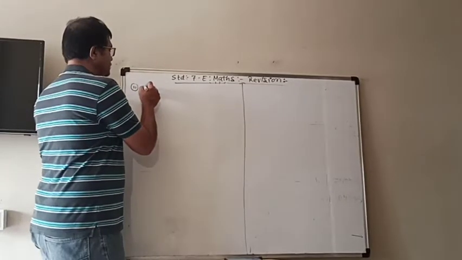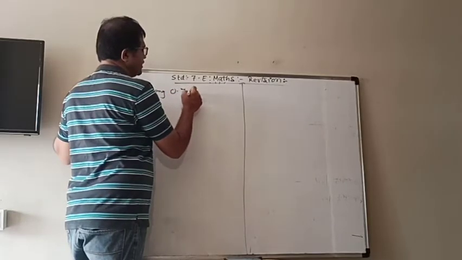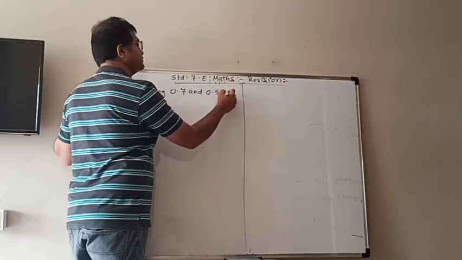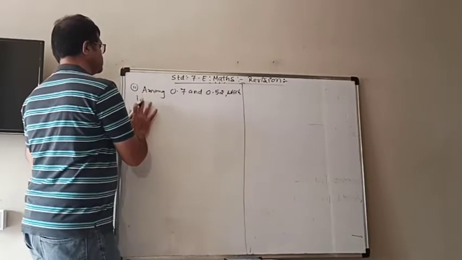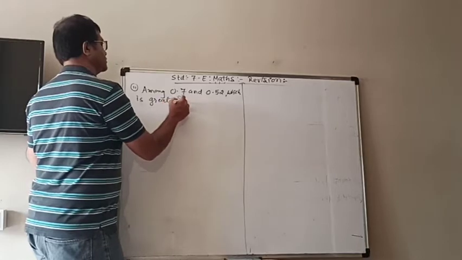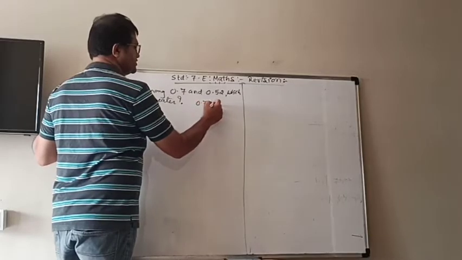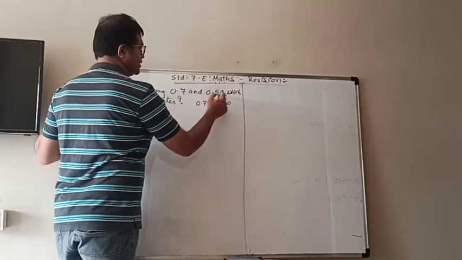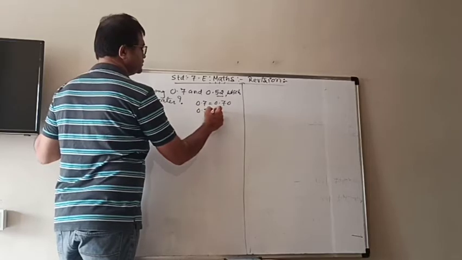Now, among 0.7 and 0.52, which is greater? Now we know that 0.7 can be written as 0.70 to make the number of decimals the same, and 0.52.